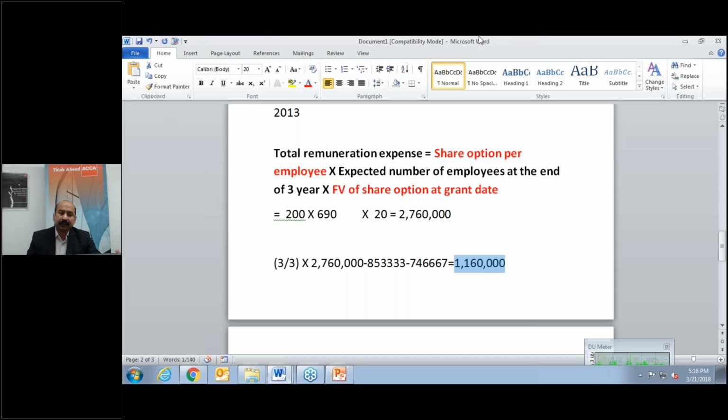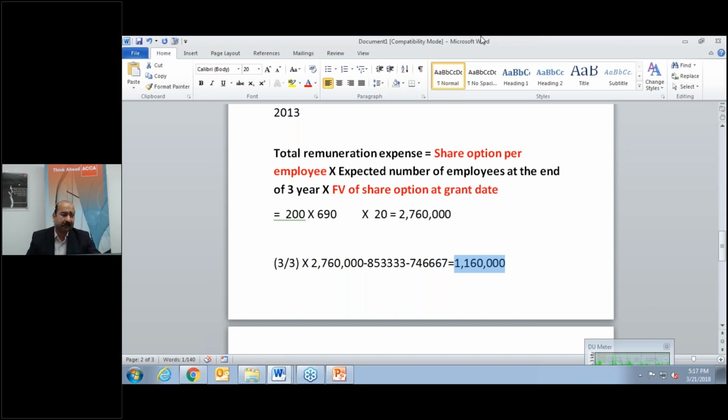Then this benefit will vest over that period. Vest means that condition needs to be met before they are entitled to this benefit. So every year, or when a part of that whole vesting period is finished, we shall be calculating the benefit for which we have received the services. So we shall be recognizing that expense as a remuneration expense against equity reserve.